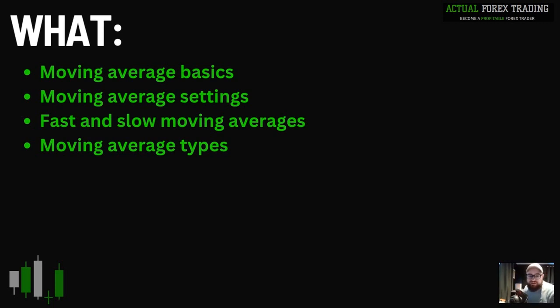As the name suggests, they are an average that moves. So we all know what an average is. If you have a moving average of, say, 25, then what that average will do is take the closing price of the last 25 candles and plot the average.